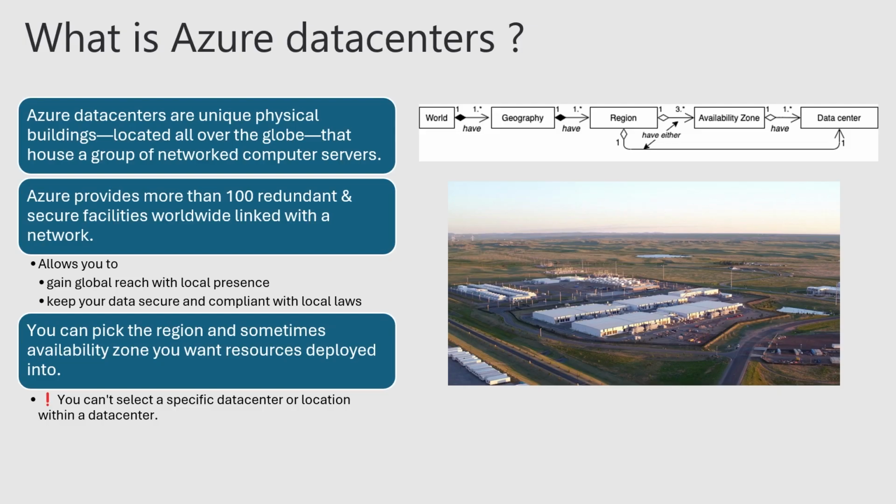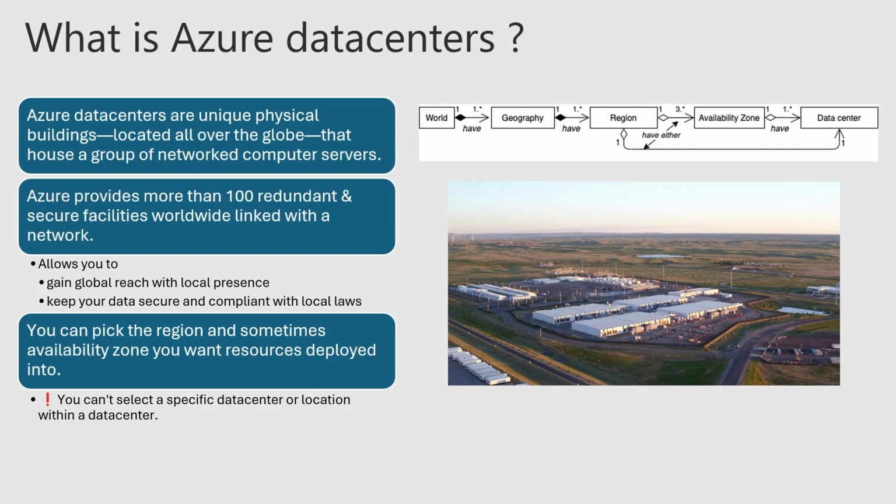So let's talk about what an Azure data center is. If you see this screen, the world is divided into different geographies, and a geography can have one to multiple regions. A region can have one to multiple data centers.